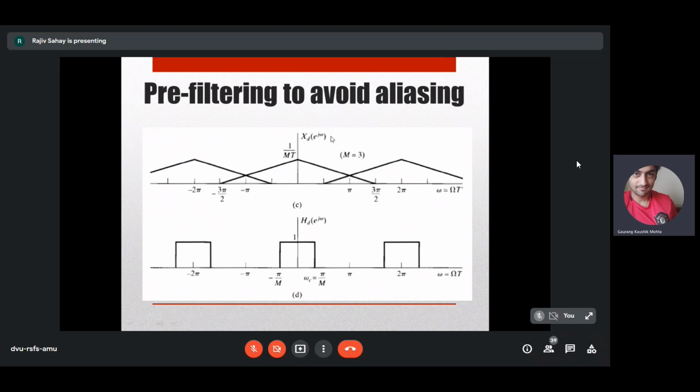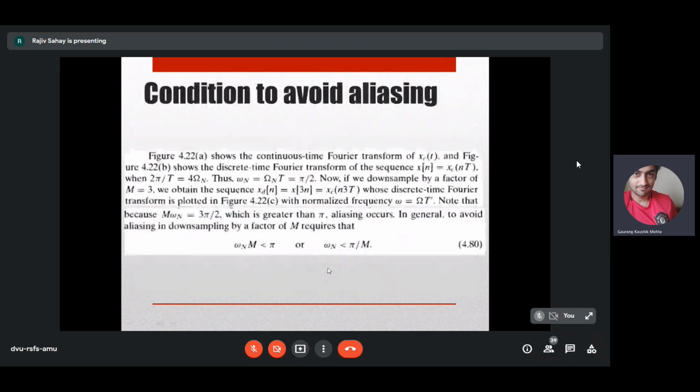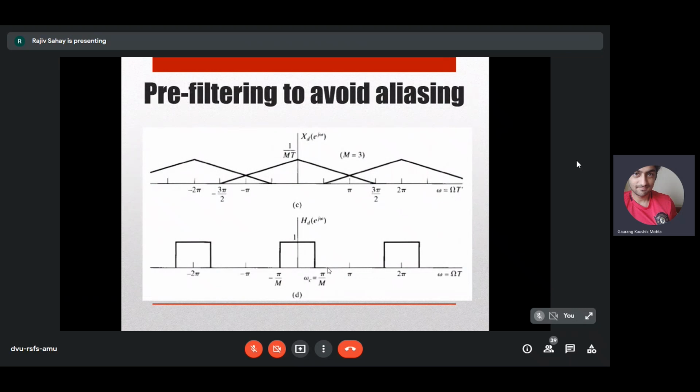This is the plot of Xd e to the power j omega, whereas this was the plot of X e to the power j omega. So the original omega N was at pi by 2. When you took x of 3n, the pi by 2 will go to 3 pi by 2. So it is entering the next spectrum.